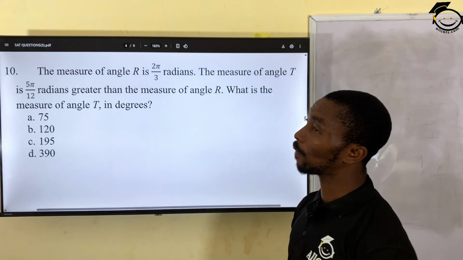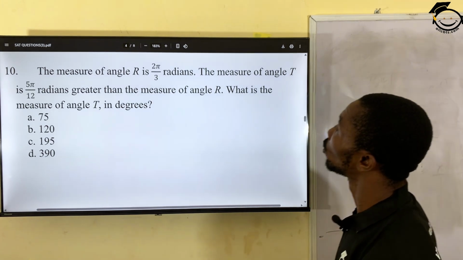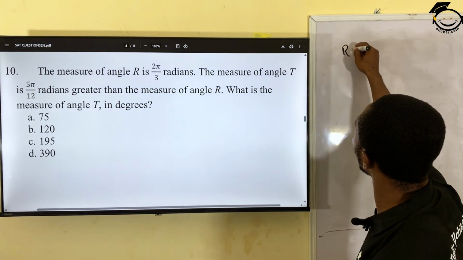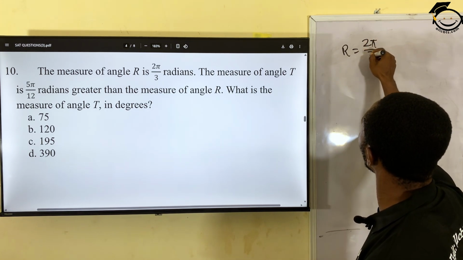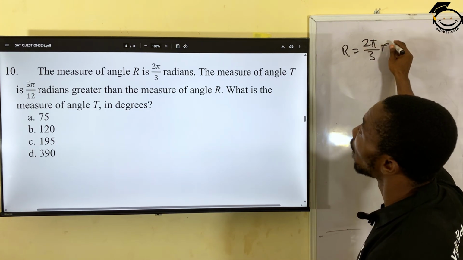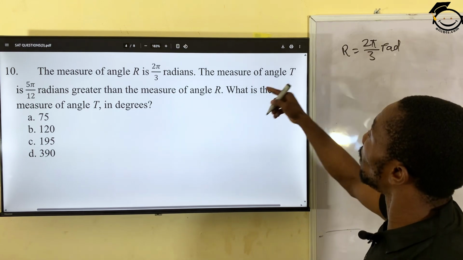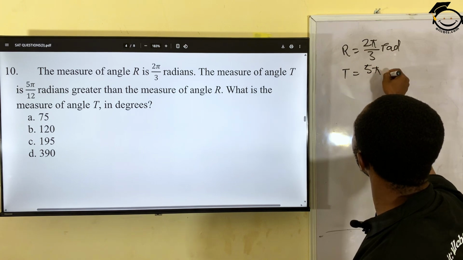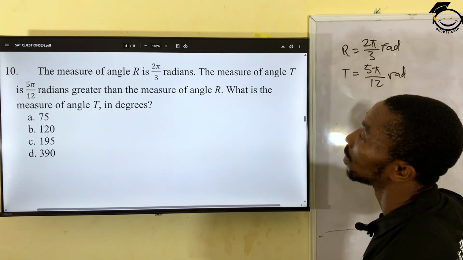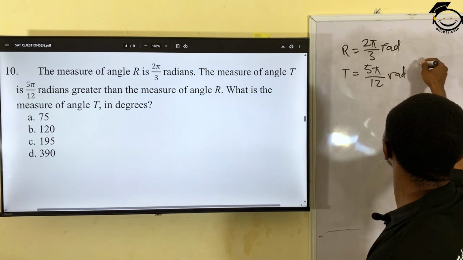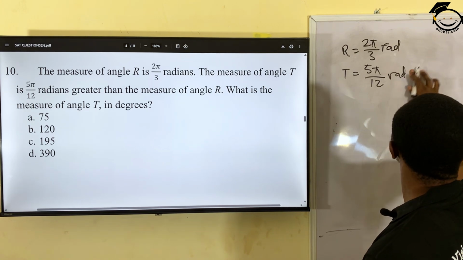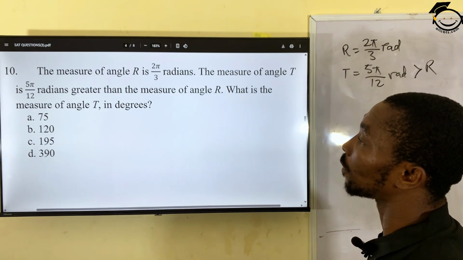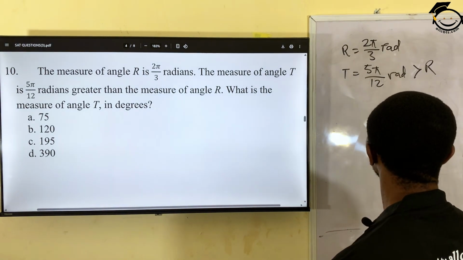The measure of angle R is 2 pi over 3 radian. And the measure of angle T is 5 pi over 12 radian greater than R. Now, what is the measure of angle T in degrees?